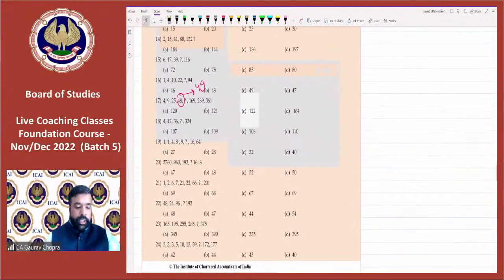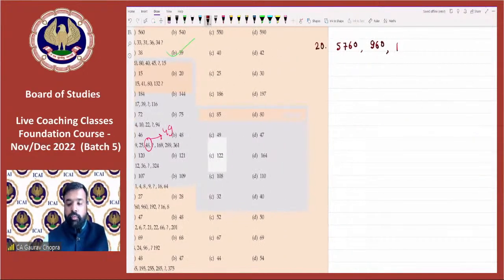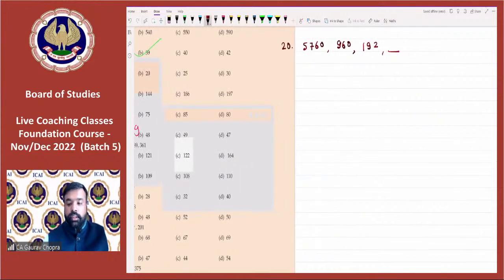Then the next one we can try, 20. Question number 20: 5760, 960, 192, dash, 16 and 8.